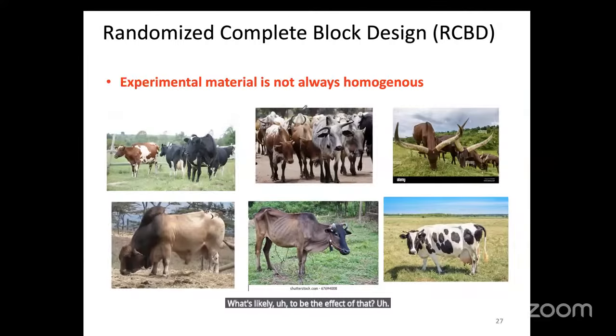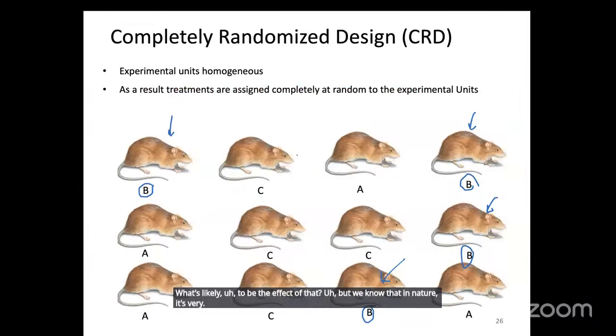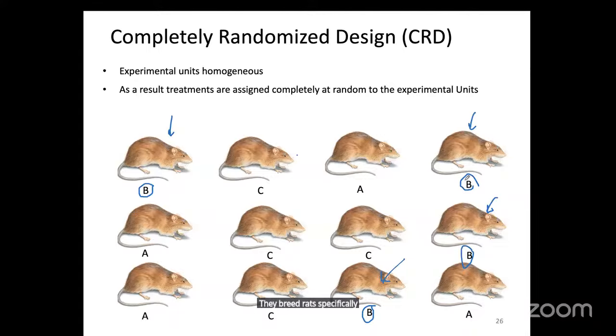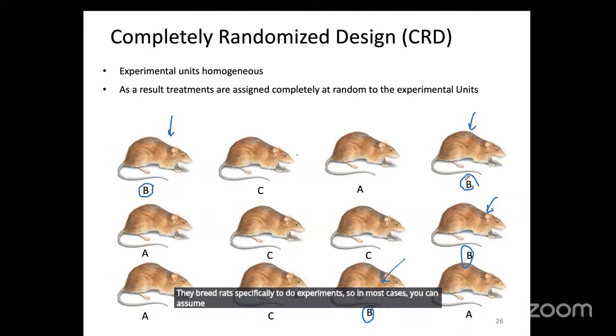But we know that in nature, it's very, very unlikely that you're going to get very uniform experimental units. Even those who work in the lab breed rats specifically to do experiments, so in most cases, you can assume there's some kind of homogeneity.